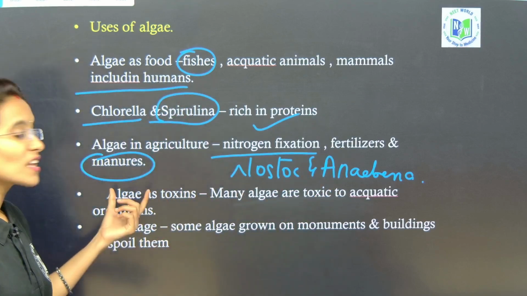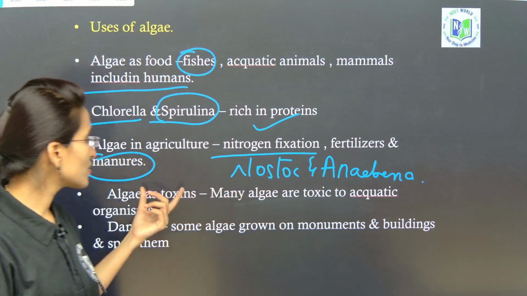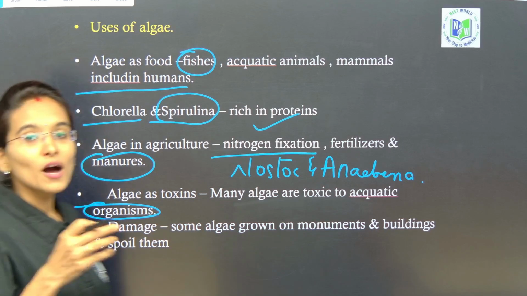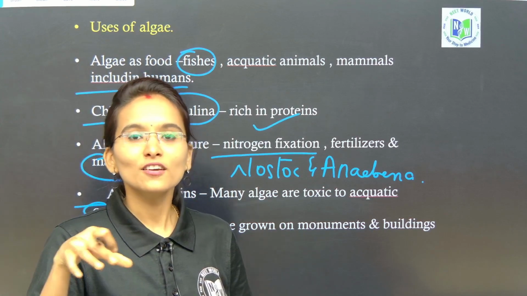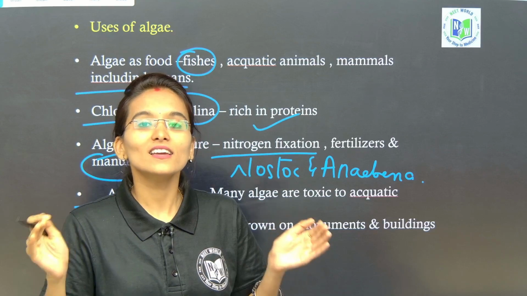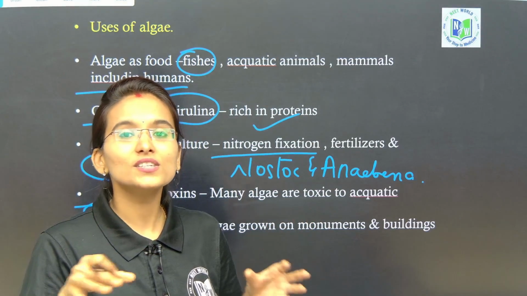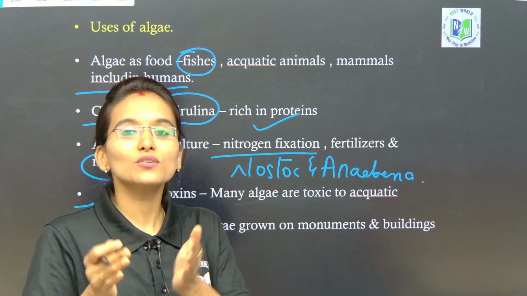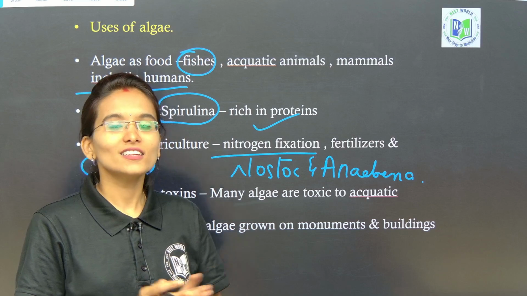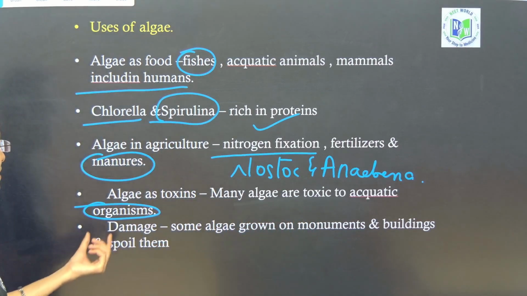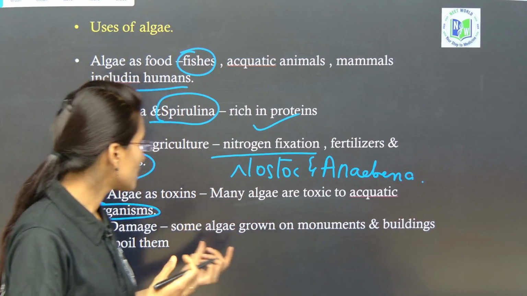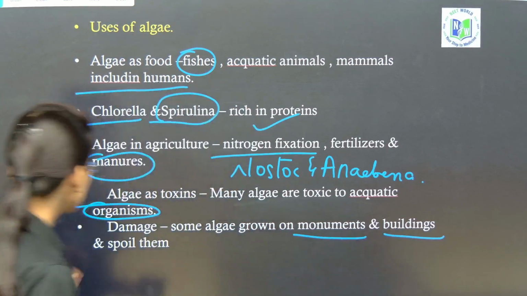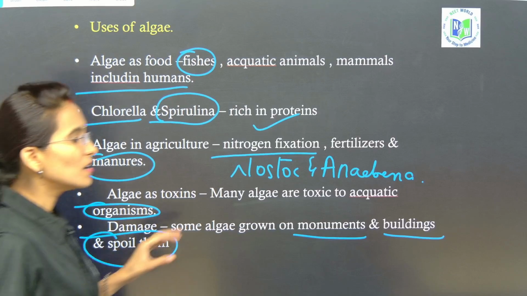Next, there are some algae which are very toxic in nature. Many algae are toxic to aquatic organisms also. Some algae create algal blooms inside the water, which create a poisonous nature to the aquatic environment and have a greater harmful impact on aquatic organisms, my dear students. Next, some algae are going to damage: some algae grow on monuments and buildings and spoil them, like cyanobacteria.